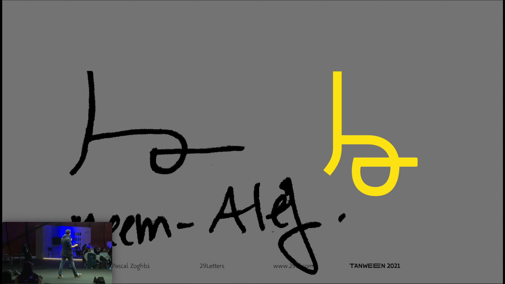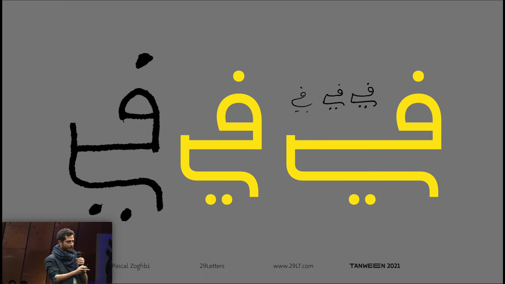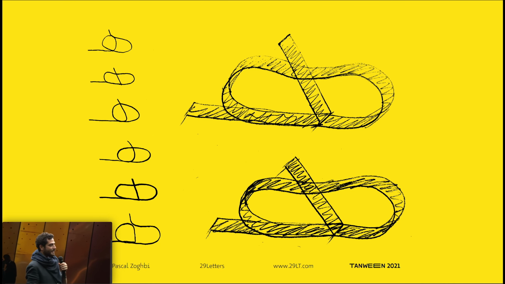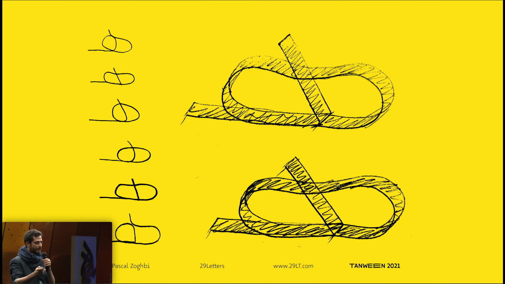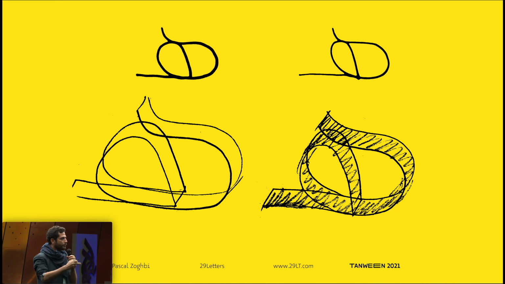And this is an example of the word fi, the fa and the ya letters. Here is the letter ha, which is one of the most complex letters in the Arabic character set. And you can see that we start with small sketches, then we go for bigger drawings, and then for more drawings, trying to understand how we want to build the shape, and then based on this shape, we build the outlines.